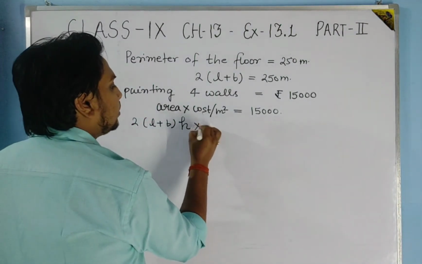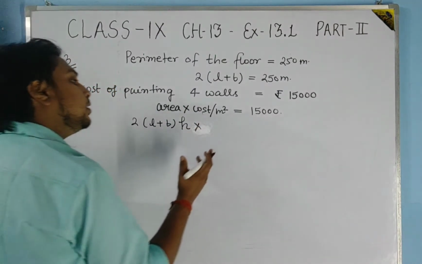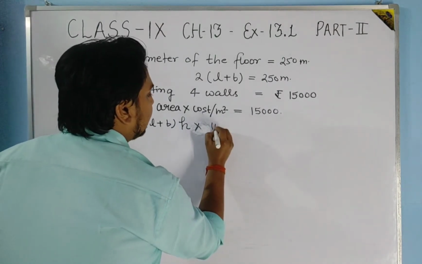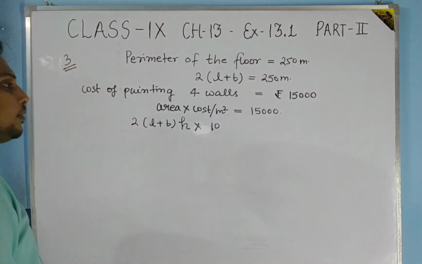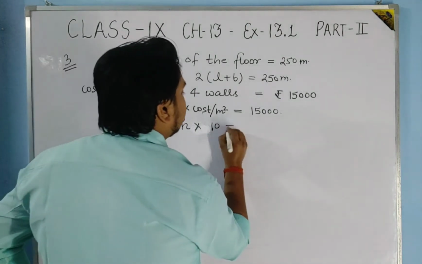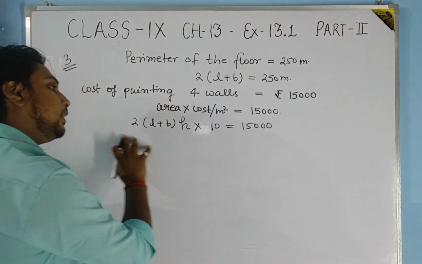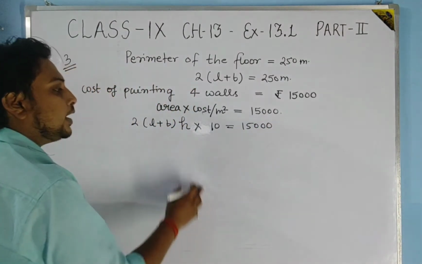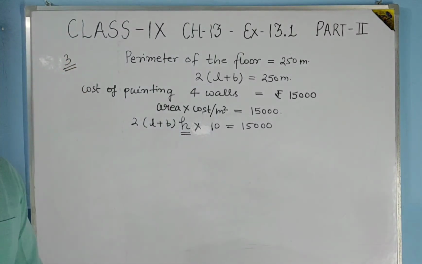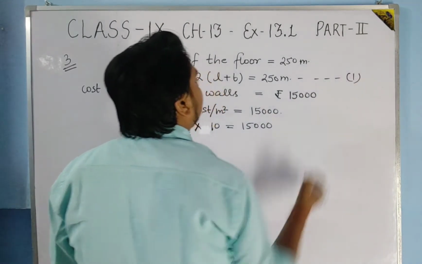We studied this formula when we were studying the topic cuboid. The cost per meter square is given as rupees 10 per meter square, and here the total is 15,000. Students, in this equation we have to find the value of H. How will we find the value of H? Suppose that it is your equation number 1.